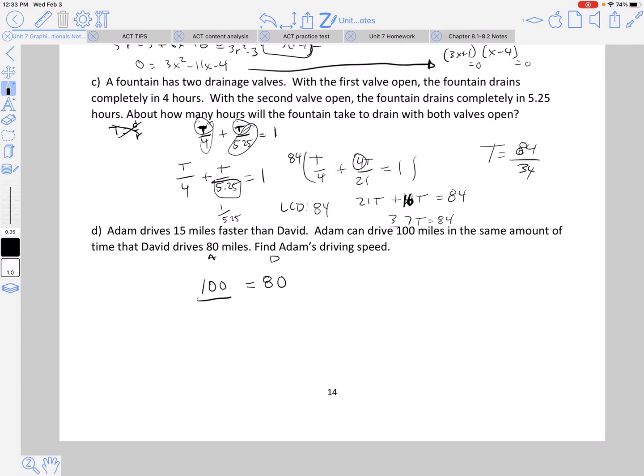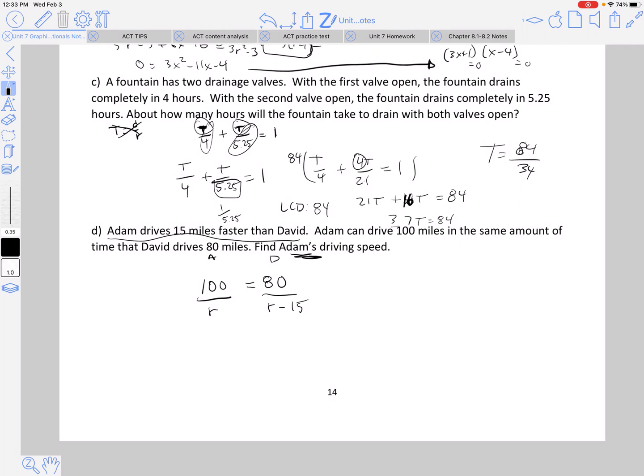So I'm going to have distance divided by rate for Adam. Distance divided by rate. David is 15 miles slower. I mean, Adam's 15 miles faster, but David's 15 miles slower. Because it wants me to find Adam's driving speed, I'm going to leave R under Adam, and I'm going to do R minus 15 for David, just using this statement here.